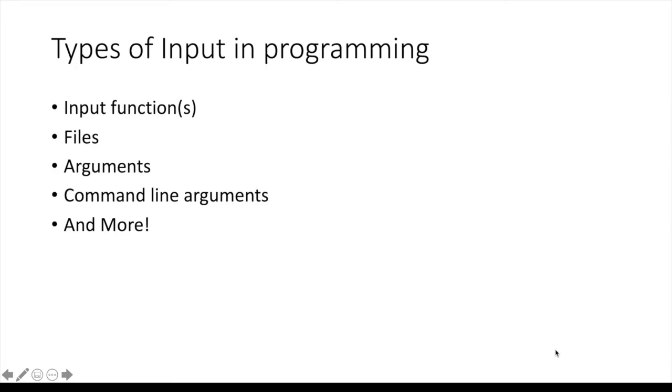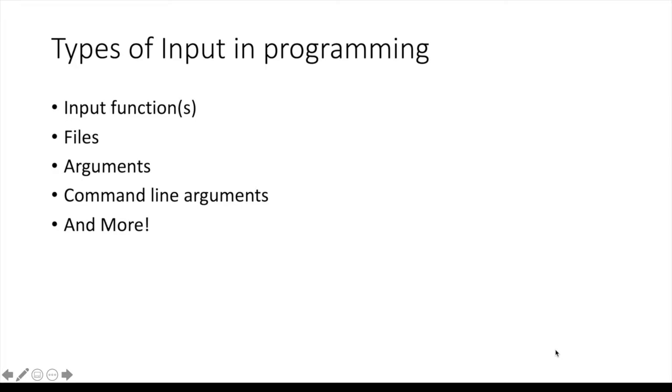So for instance, in C++, we can use the cin function. In Java, we can use Scanner to read input into the program. So again, recognize that input functions, while we're going to be specifically learning the input function in Python, are generalizable to most other programming languages.